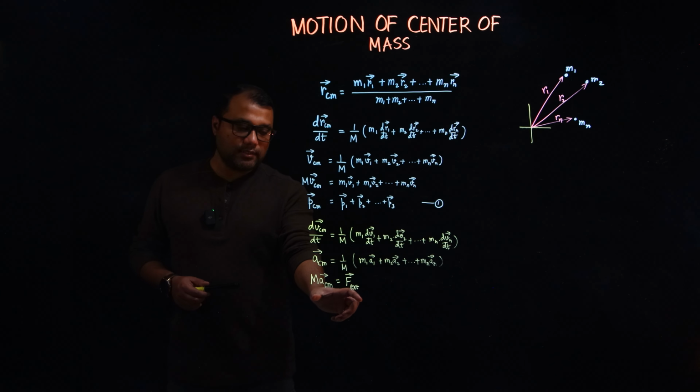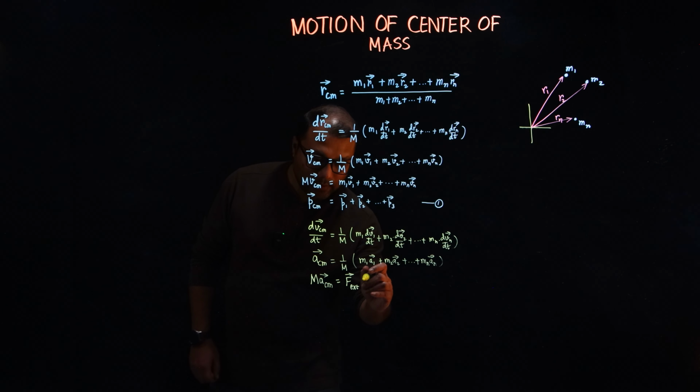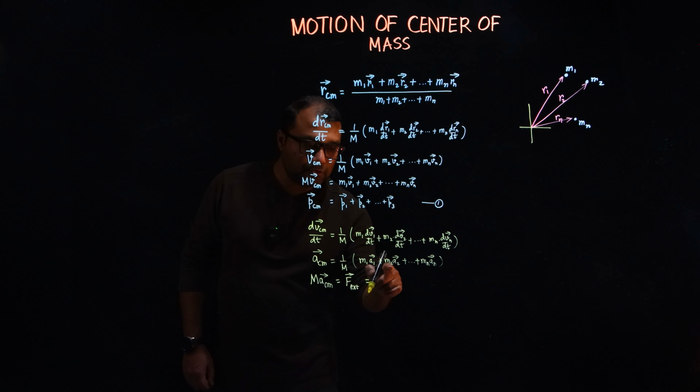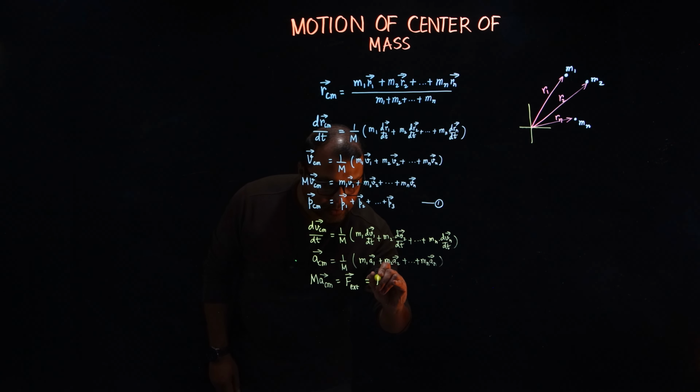So this gives me the total net external force. And what would that be equal to? That would be equal to M1A1, M2A2, Mn An. So these are forces, external forces that each of these masses are experiencing, or each of these particles are experiencing.